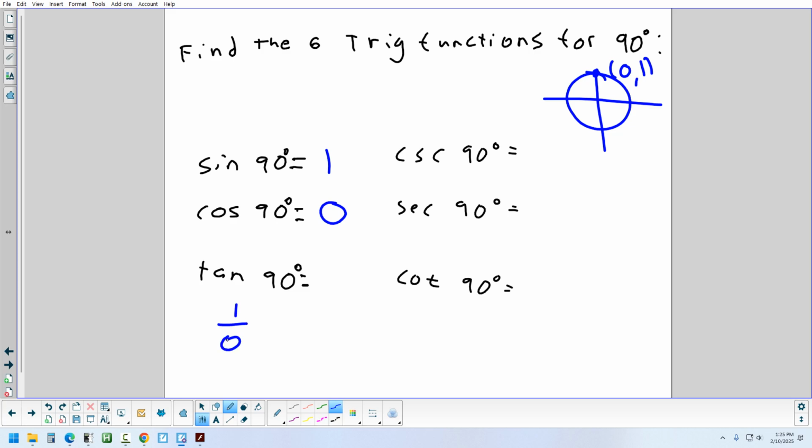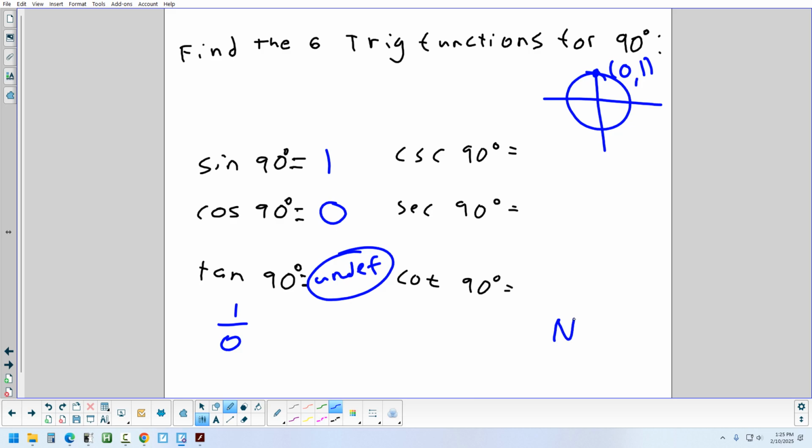But what is 1 divided by 0? Undefined. Yeah, you can't divide by 0. So 1 divided by 0 is undefined. Remember, just put 1 over 0.